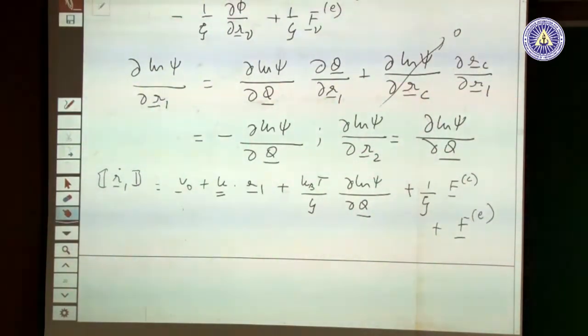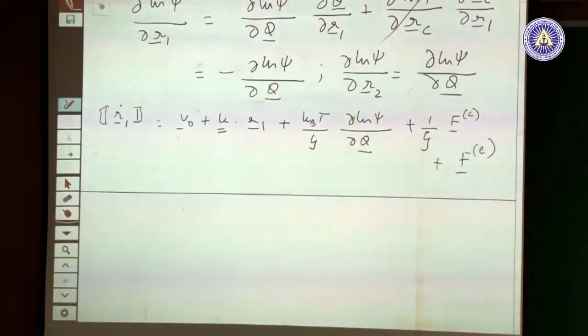And I can write the same thing for R2 dot. Let us just finish the equation of motion and then I will stop, and then we can do the equation of continuity and the diffusion equation tomorrow.